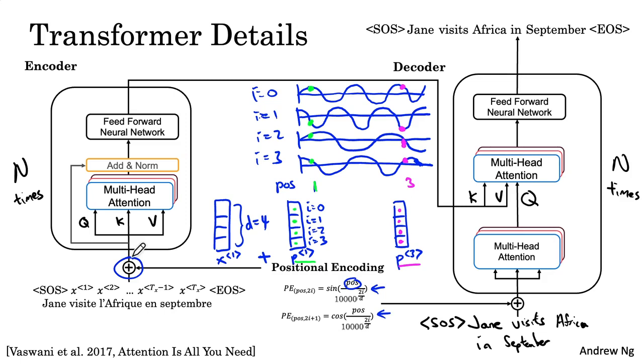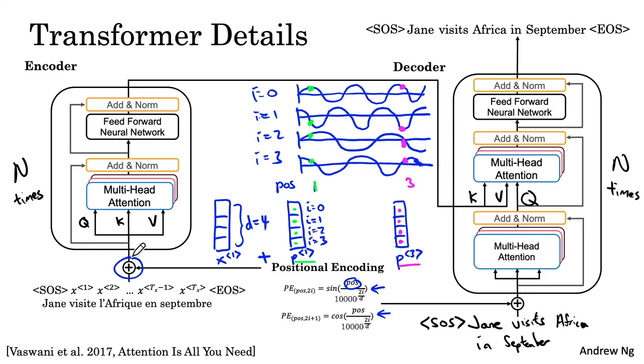In addition to position encoding, the transformer also uses a layer called Add & Norm that is very similar to the batch norm layer that you're already familiar with. For the purpose of this video, don't worry about the differences. Think of it as playing a role very similar to the batch norm, and this helps speed up learning. And this batch norm-like layer, this Add & Norm layer, is repeated throughout this architecture.